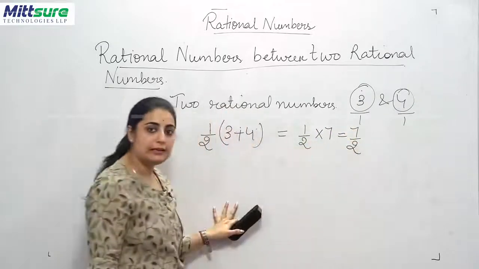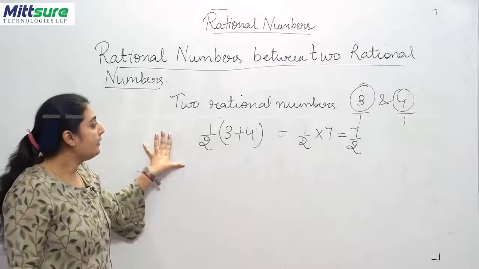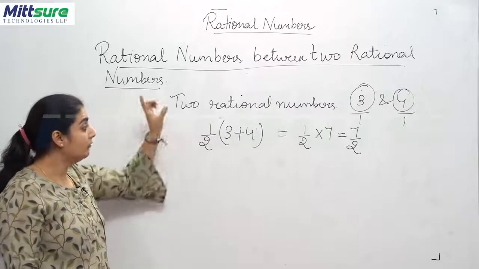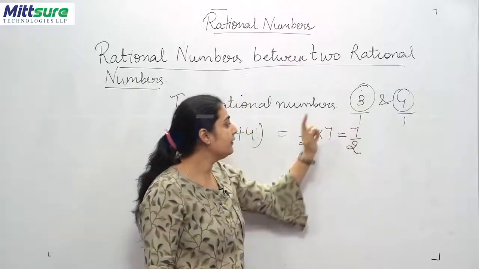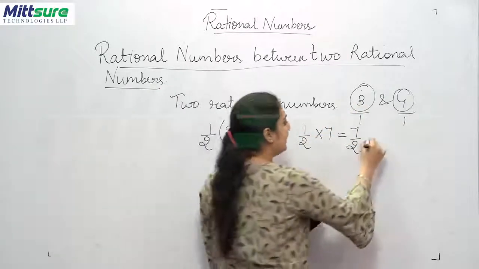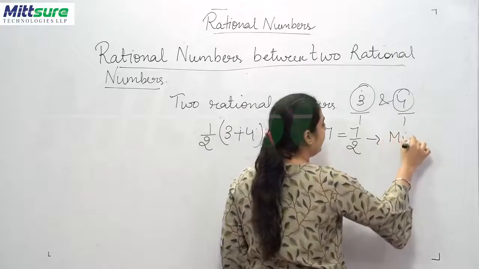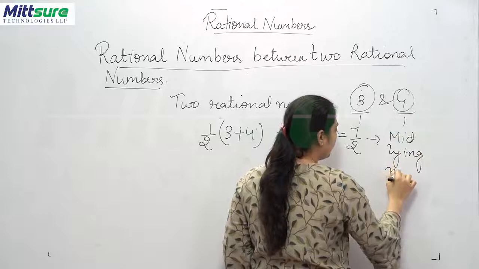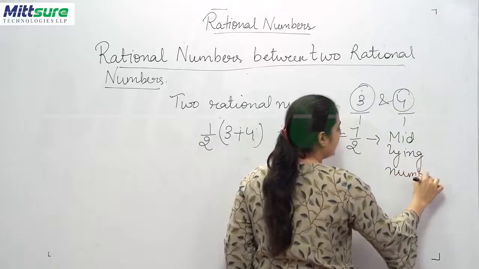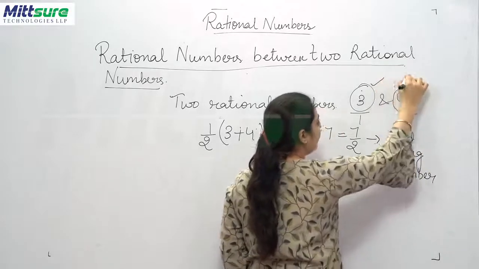So when I add 3 and 4, I get 1 upon 2 multiplied by 7, which results in 7 upon 2. Clear? 7 upon 2 is the midline number between the rational numbers 3 and 4.